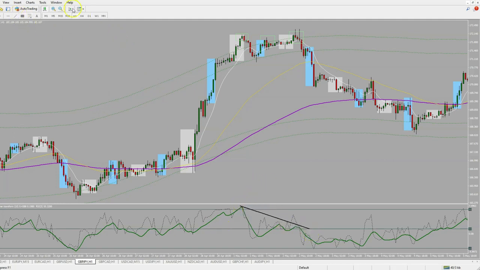Divergence, for anyone who doesn't know, is this: you see how price at the top here is going. We've got the 1, 2, 3, and essentially from the first one to the last one, it's ever so slightly up. It barely goes up, but it goes up.